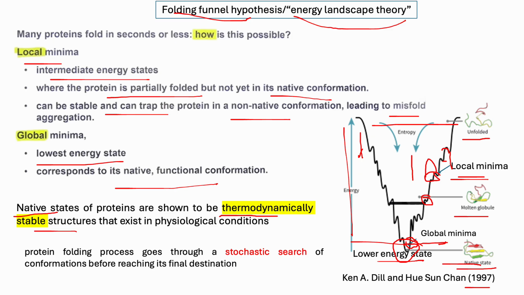Proteins don't search randomly through all the conformations, rather they are a little bit biased to form their native structure. So first they are in unfolded condition, high energy, then they go through the intermediate condition and release energy, and the lowest energy is the native structure which is found in global minima.